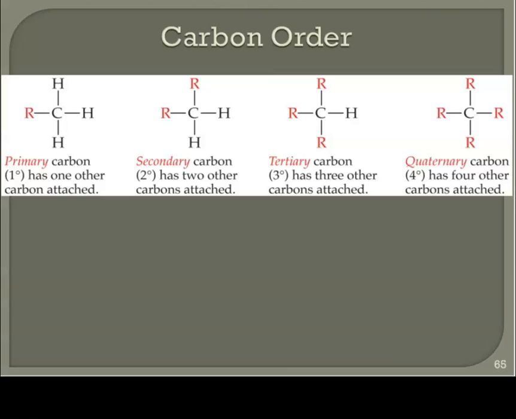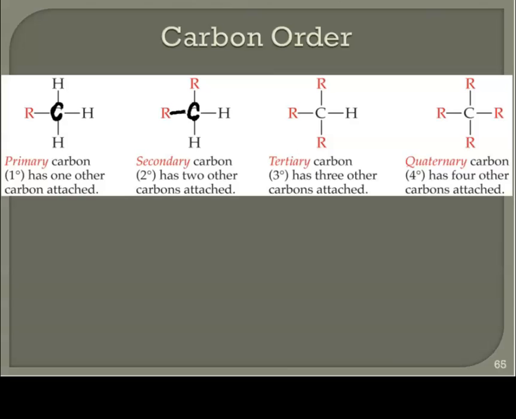Again, I mentioned earlier that there is a carbon order, and how you can name these different compounds and determine what is a higher order carbon. Here we go from the primary carbon, where that carbon in that first instance on the far left is just attached to hydrogens. So this is referred to as a primary carbon.